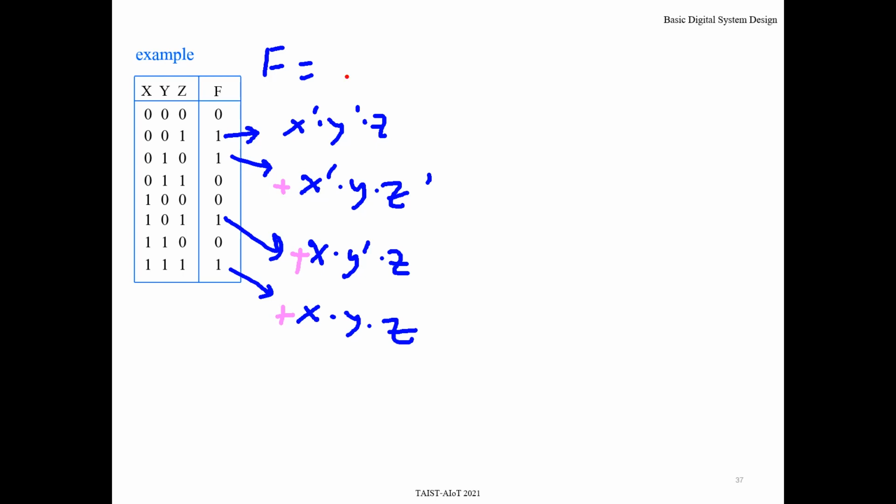So now we want to minimize or simplify them. How? If we use the combining theorem, what happens? For example, this term, the same, right? Y prime, y different. So you can combine these two terms together and give the result x and z, right? The input values of x, y, z are 1, 0, 1 for this one and 1, 1, 1 for this one. Your result is x and z.